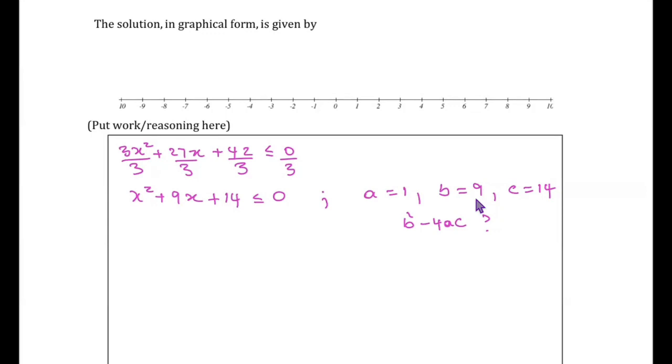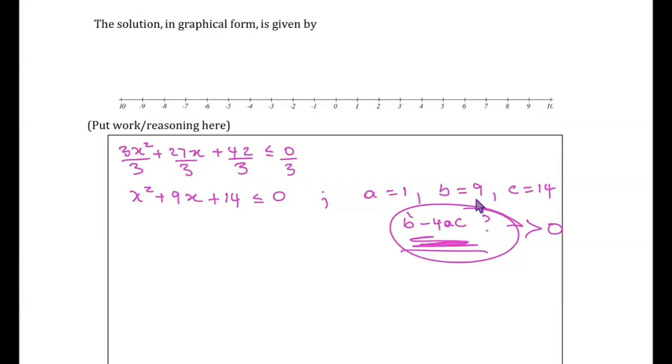And I see that I can, and that will tell me obviously that this will be greater than 0. Because if B squared minus 4AC is greater than 0, you'll be able to find the 2 solutions. That's the only reason we would want to find this expression. But if you already have 2 factors of 14 that the sum is 9, you already know that we have solutions, which will imply that this expression is positive.